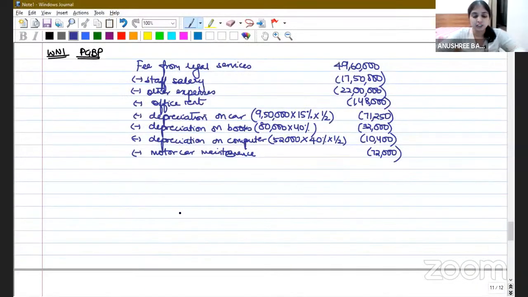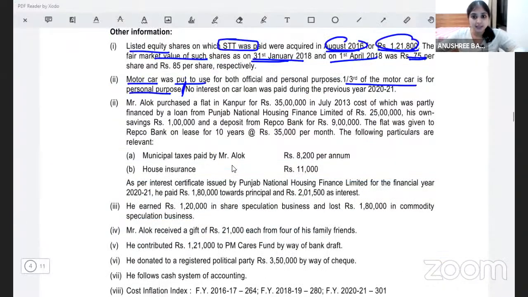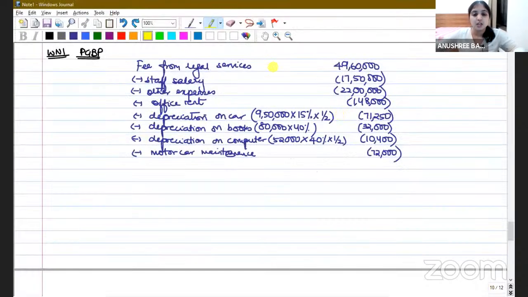In PGBP calculation, depreciation on car was one expense relating to the motor car, and motor car maintenance. Both these we allowed fully. But then the question says 1/3 of the car is used for personal purpose. So we should subtract how much? Only 2/3 we should subtract.